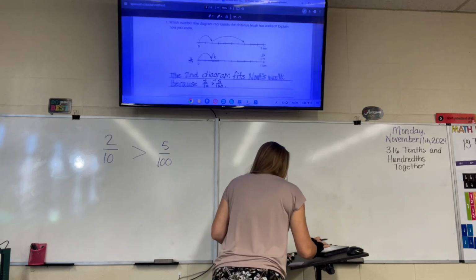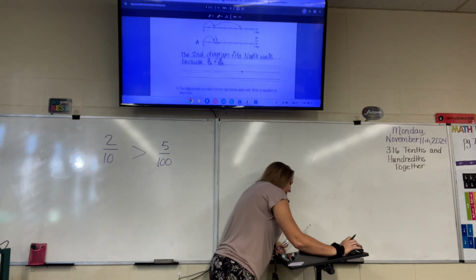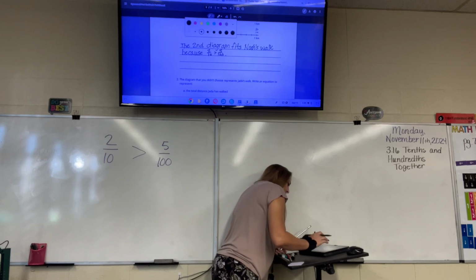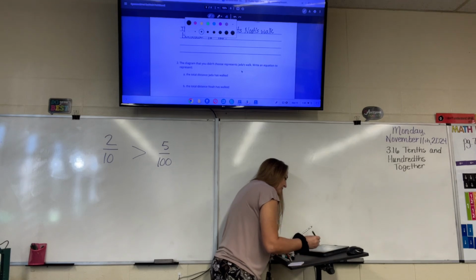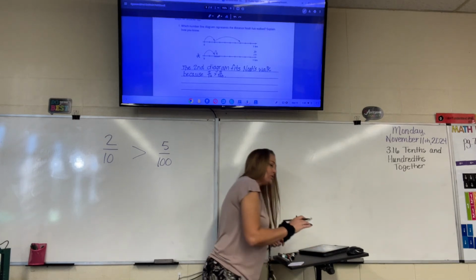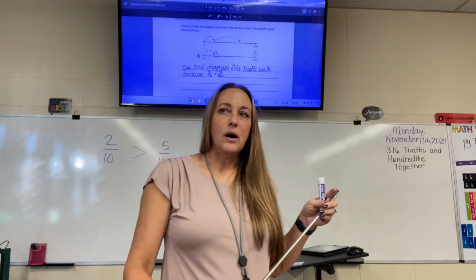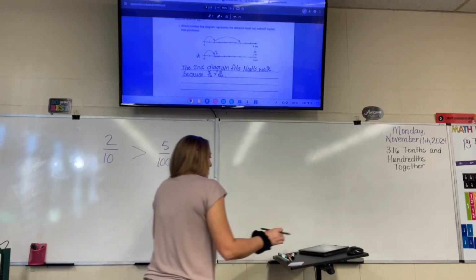All right. So then it says the diagram you didn't choose represents Jada's walk. Write an equation that represents the total distance Jada walked. So Jada walked 2/10 to start with, then what did she walk? Jackson? 5. Exactly.